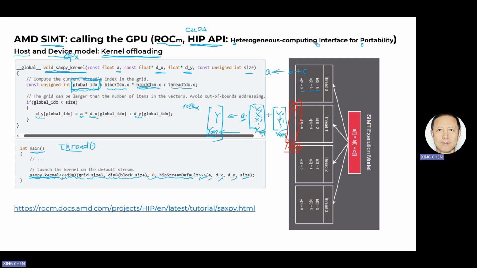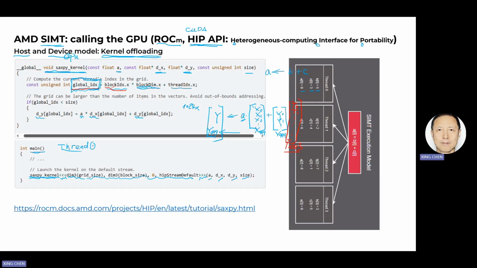Your threads are going to be organized into blocks, and that information will be passed to the GPU with this block information. Within each block you have multiple threads, and with this kind of arrangement, each thread is going to calculate a global ID.